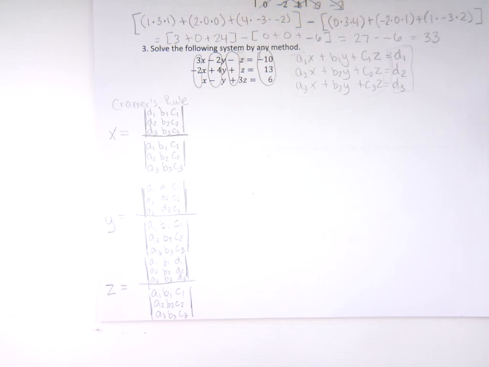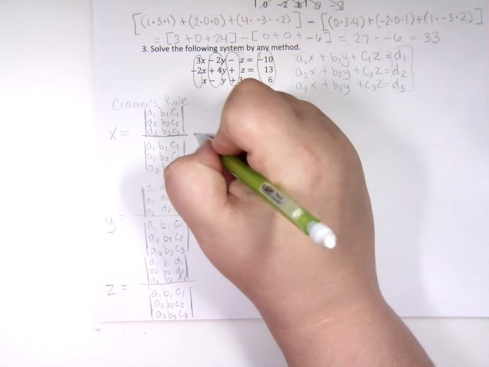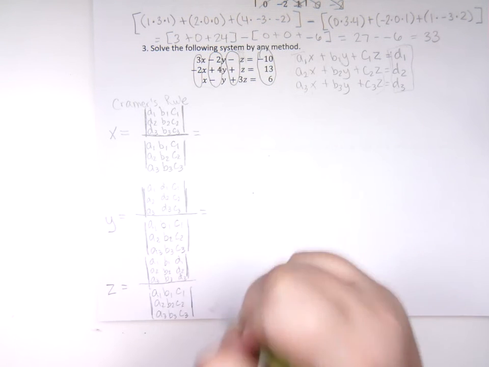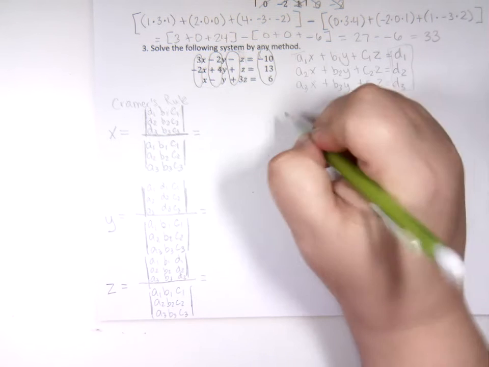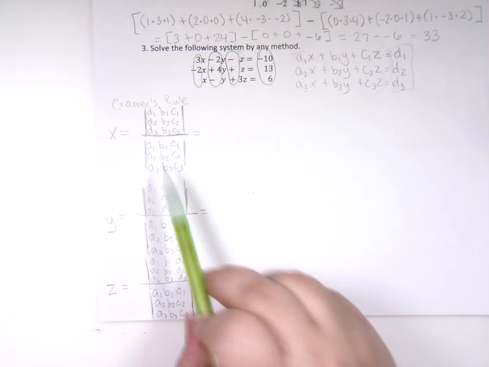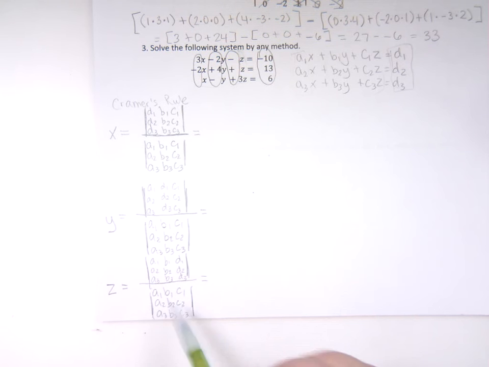Okay, so let's work out some determinants. I'm going to put an equal sign here, and we've got all this space to do our work. Let's do the bottom determinant first.